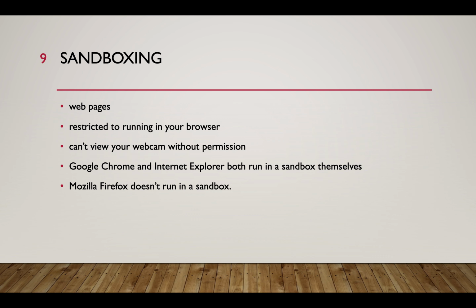So for example, if a web page wants to access your webcam, first, it doesn't have permission to access the webcam. So the first thing it can do is to ask you for permission. If you think, no, this is my privacy, I need to preserve it, you're not going to say okay, allow it.